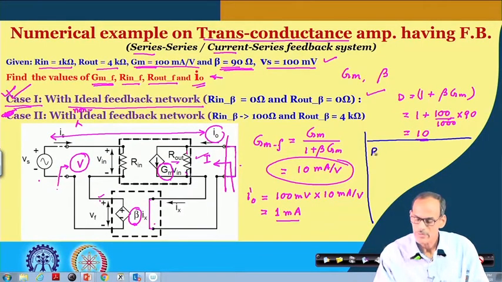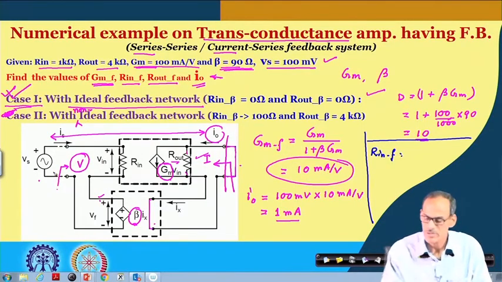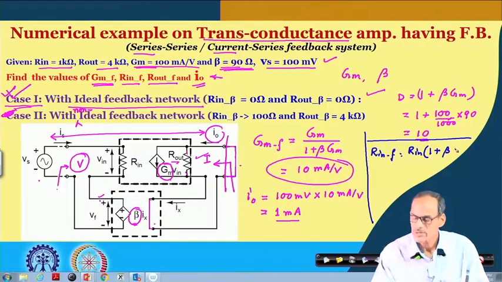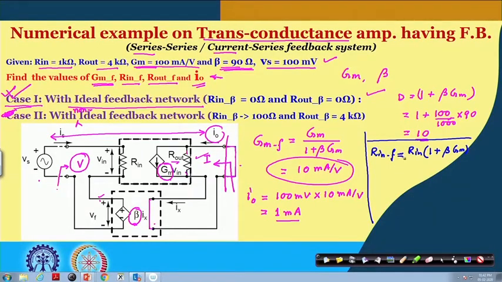Likewise we can calculate the input resistance. R in F, as you can anticipate, the input resistance will be increased. The original input resistance R in is 1 k multiplied by the desensitization factor 1 plus beta into GM, so that is 1 k multiplied by 10, which is equal to 10 kilo ohm.